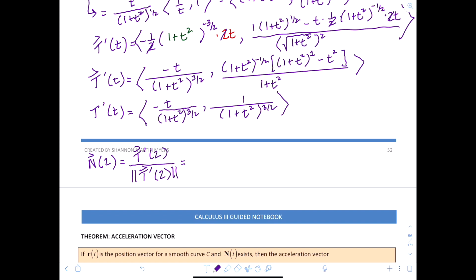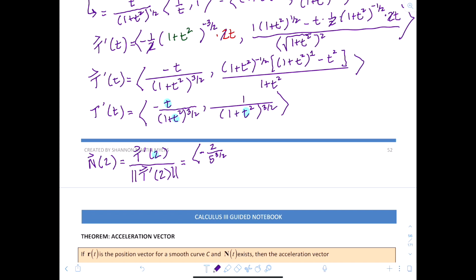If we do that, wherever there is a t, I'm going to plug in a 2, right? We don't know the magnitude yet. So T prime at 2 would give me what? Negative 2 over 5 to the 3/2, and then 1 over 5 to the 3/2.